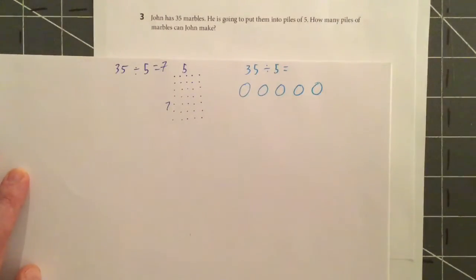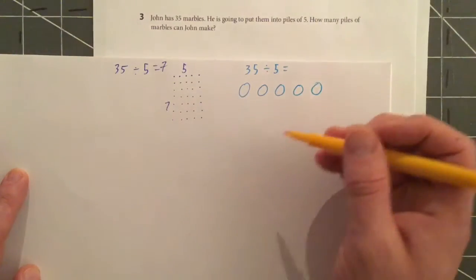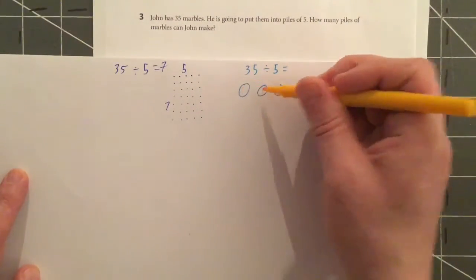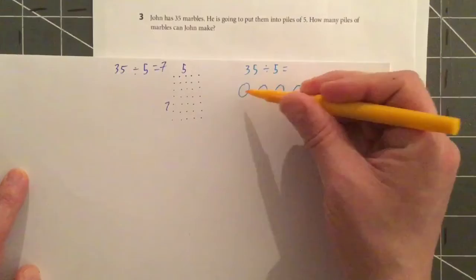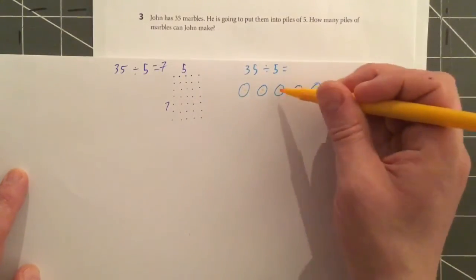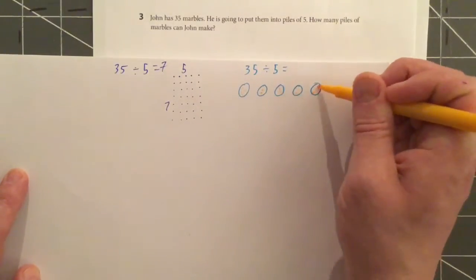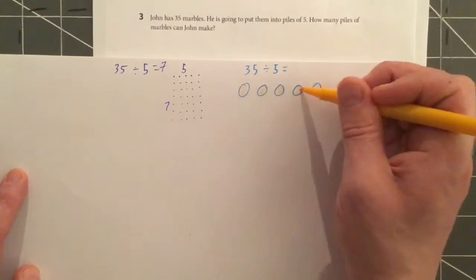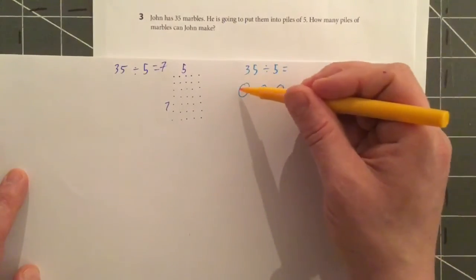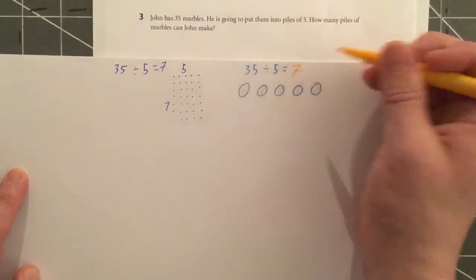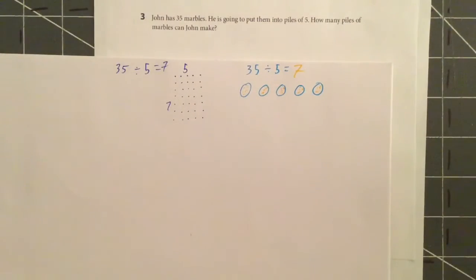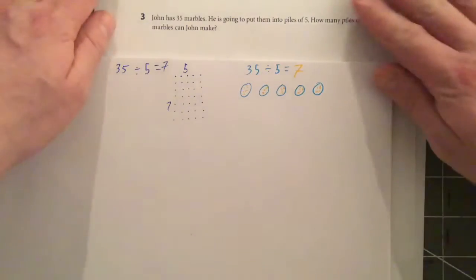I bet you can guess how many are going to be in each one. 1, 2, 3, 4, 5, and so on up to 35. There are 1, 2, 3, 4, 5, 6, 7. There are 7 in each one. Loops and groups is another way to solve these.